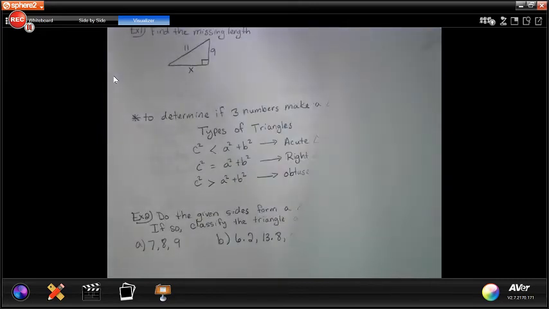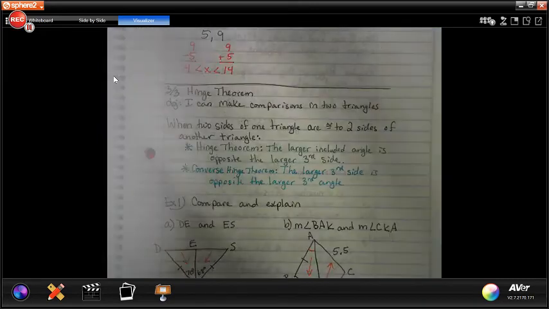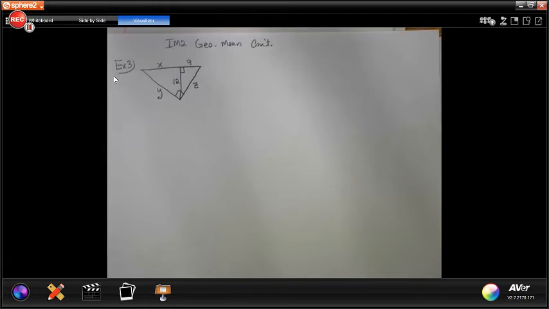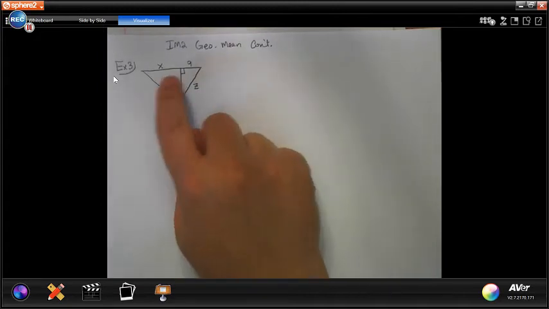I have another one. Just bear with me. Okay, there we go. This one. Remember it's a big right triangle. We're not looking at the little right triangles.